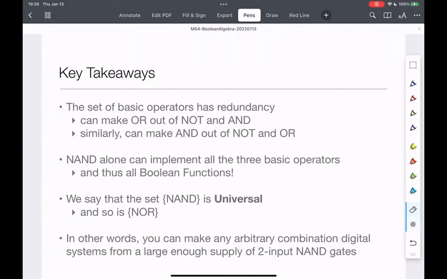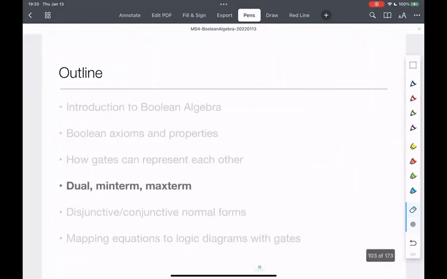I'll let you think about this: is XOR sufficient? If I give you an infinite supply of XOR gates, can you implement everything? I will leave that as something for you to ponder. Does anyone know the answer? Is there a quick, ready intuition whether XOR is universal or not?